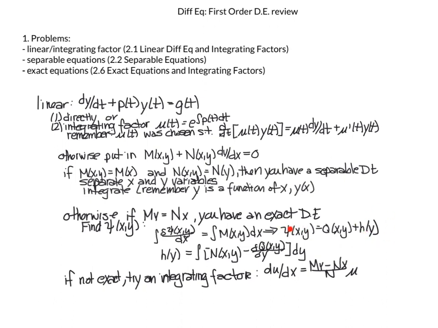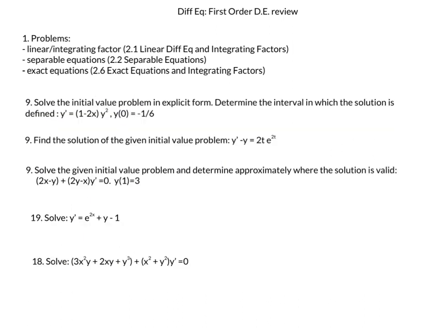So your solution is equal to Q(x,y), that's the integral, plus a function h(y). And h(y) is going to be the integral of N(x,y) minus the derivative with respect to y of this part of your solution, the whole integral with respect to y. And if this is not exact, you can try an integrating factor using this equation here.